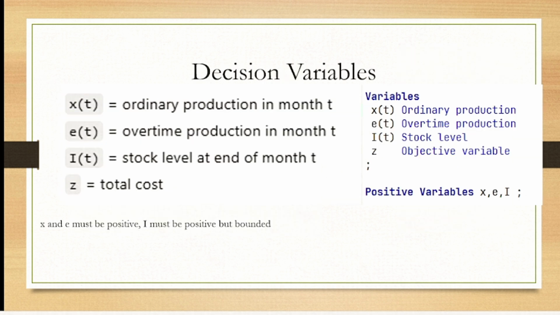We need to define also the decision variables, where there are XT, that is the ordinary production in month T, ET, that is the overtime production in month T, and IT, that is the stock level at the end of month T. Z is the total cost.